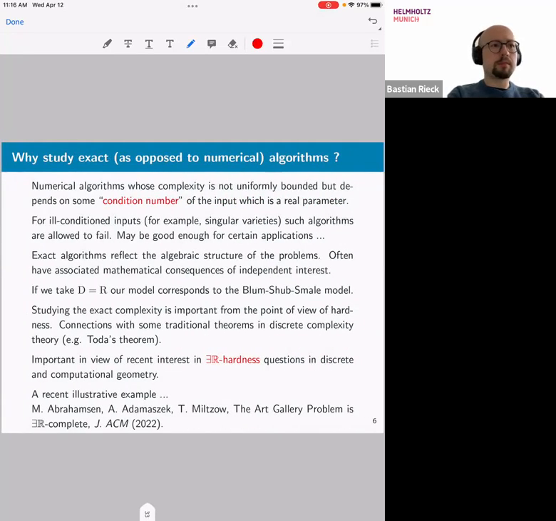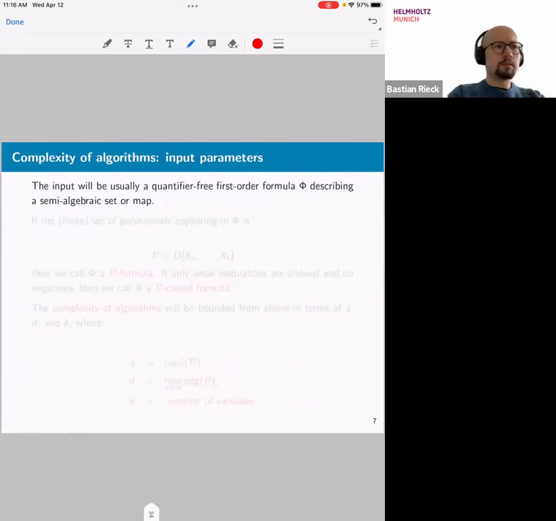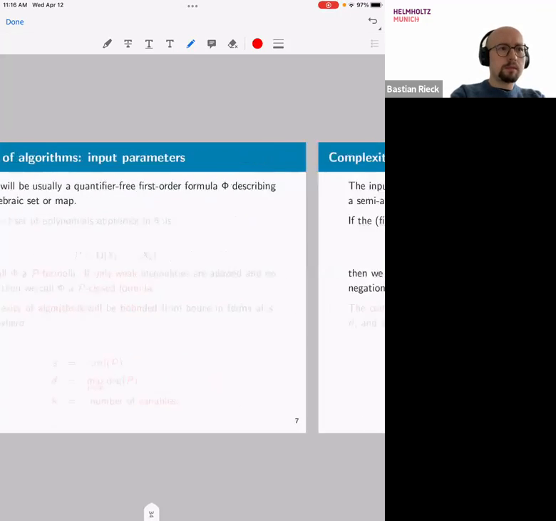A recent illustrative example of existential R hardness is in these nice papers, and there are several of them about this ER-completeness, which seems to be very relevant for studying hardness of geometric problems. Okay, so I've been talking about complexity and so on. By complexity, as I explained before, we mean the number of arithmetic operations among the coefficients and comparisons in the domain D.